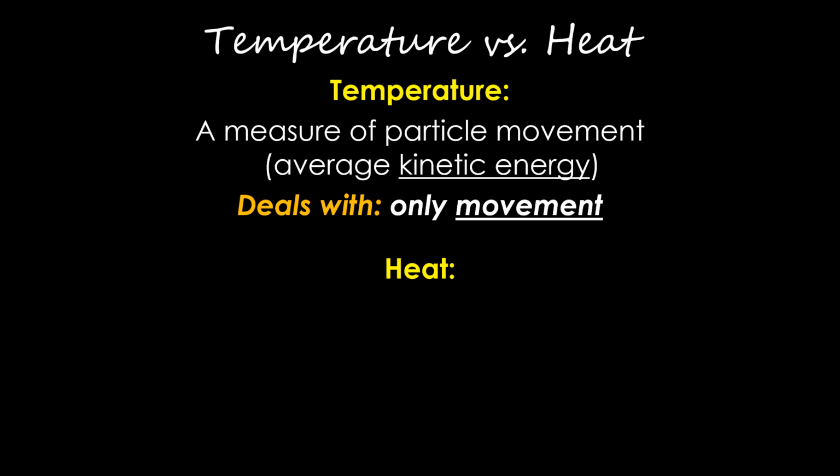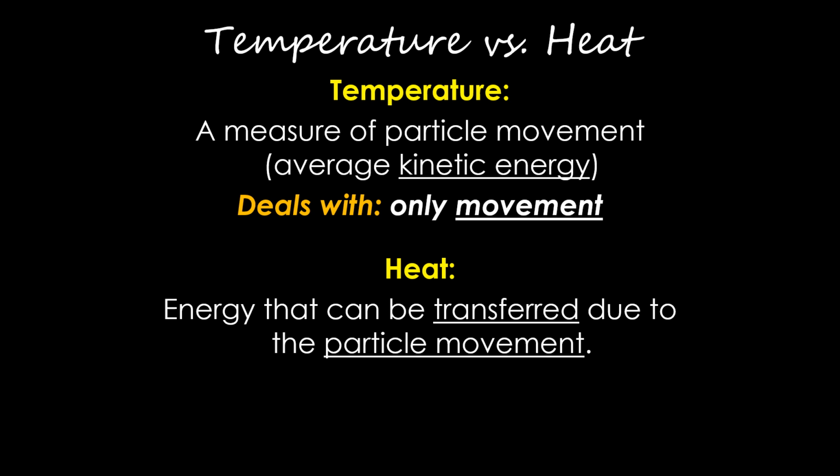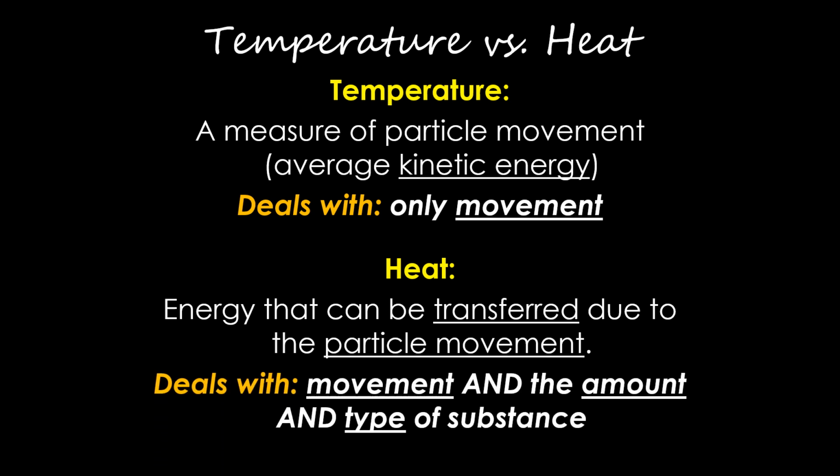Heat, however, is a little more involved. Heat is the energy that can be transferred due to the particles moving. So it is a transfer of that energy between things. Now, this is going to deal with how fast they're moving, the amount of substance we have, and the type of substance. So all of those things are going to factor in to how much heat we can actually transfer. The only thing that tells us how much temperature we have is the movement of the particles.